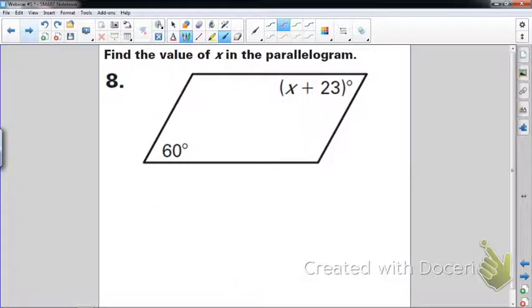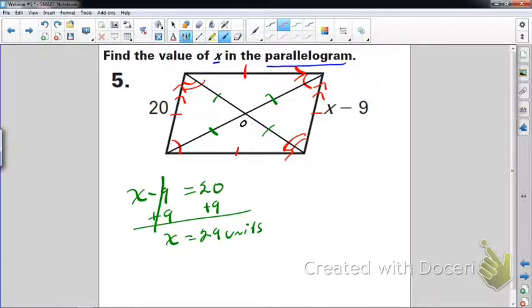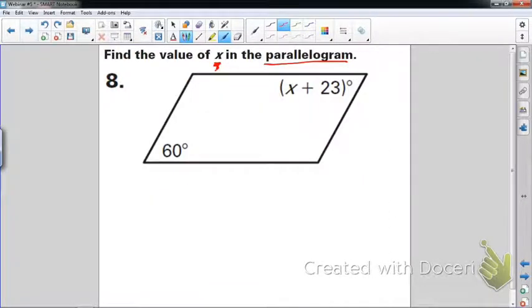The next example, again, look at what it's asking. It's saying, look, I want you to figure out what x is, and this is a parallelogram. If it's a parallelogram, remember, we go back to what we drew here, and it tells us that opposite angles are going to be congruent. So that's what I'm going to do.